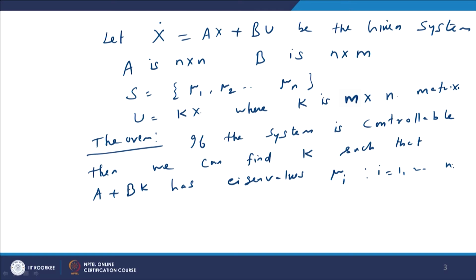For proving this, we have already proved a lemma in the previous lecture.